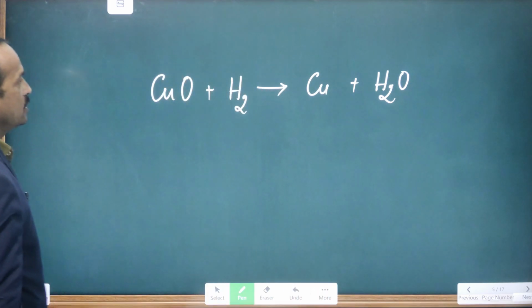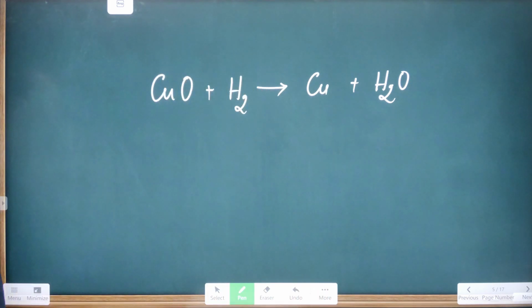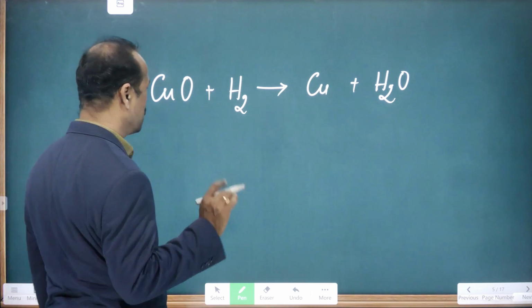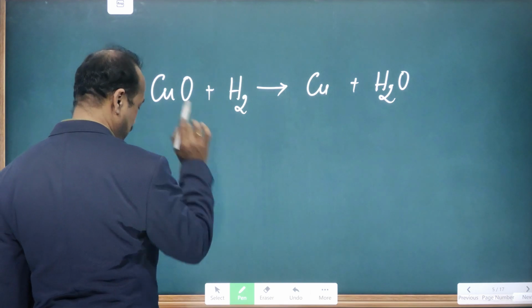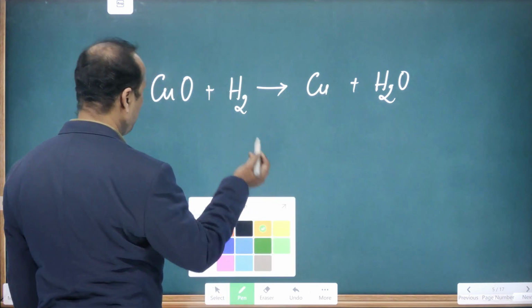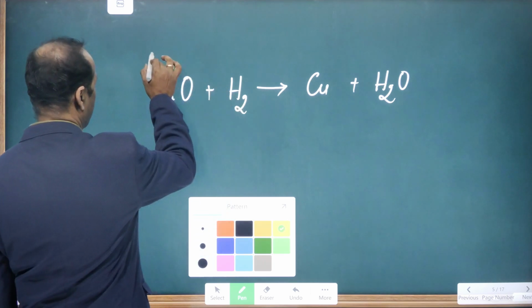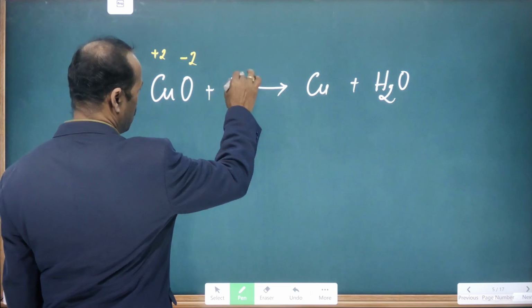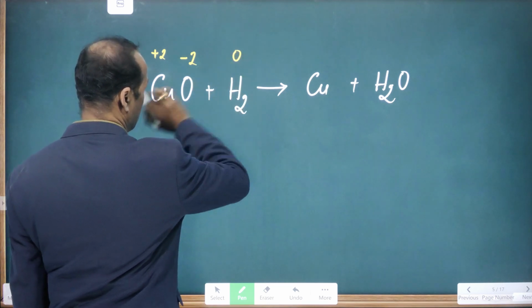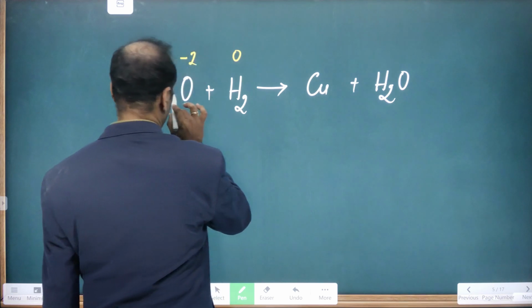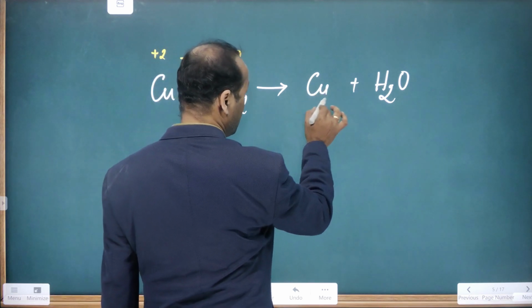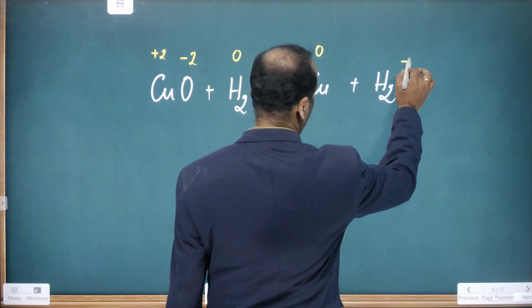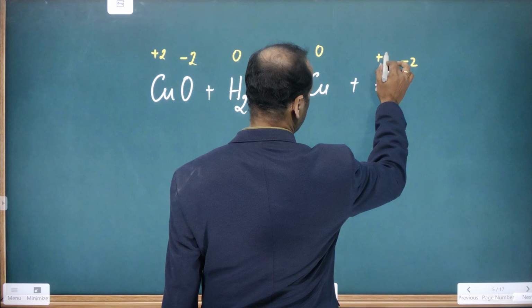In copper oxide, the copper oxidation number is +2, because oxygen is -2, as in the last class. Hydrogen, an individual molecule, is 0. Copper is now individual, so 0. Oxygen is -2, and hydrogen in water is +1.